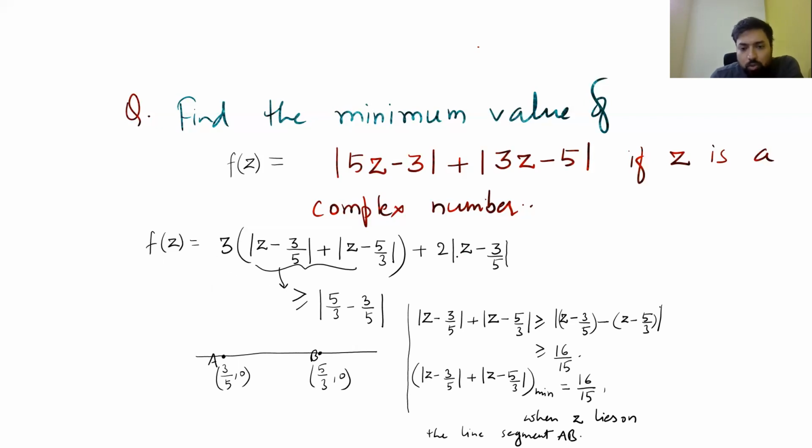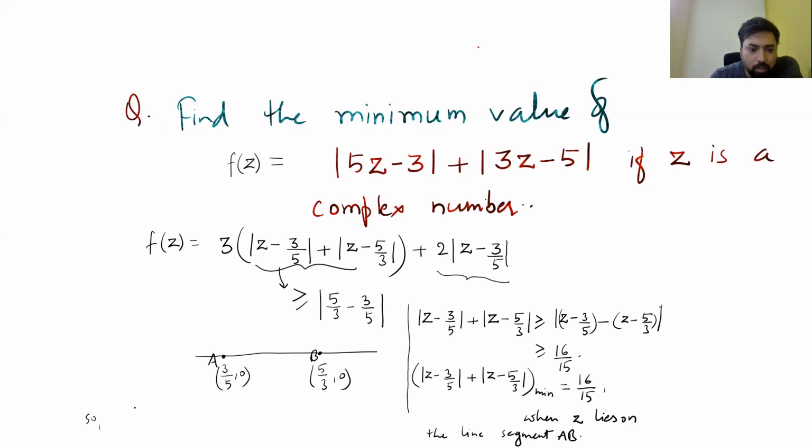plus 2 times modulus of z minus 3 by 5. Now, we have to minimize this function as well, because this is a non-negative quantity. In order to minimize it, we can take z as 3 by 5, this point A. Now if we take z equals 3 by 5, this value becomes 0. So then this function f of z attains its minimum value, that is 3 times the minimum value of this function, which is 16 by 15.